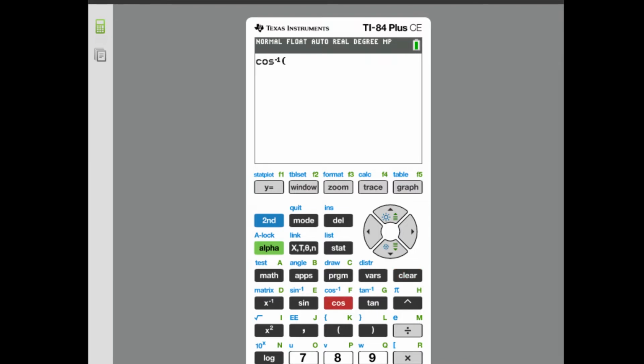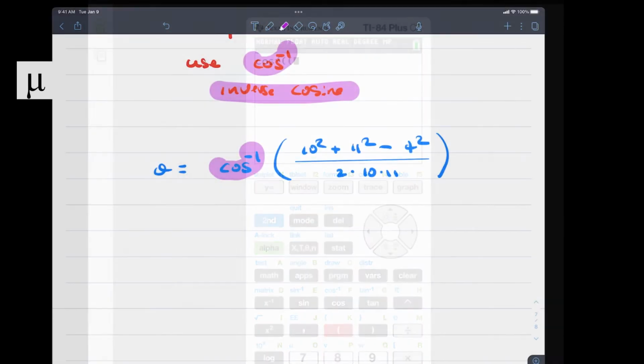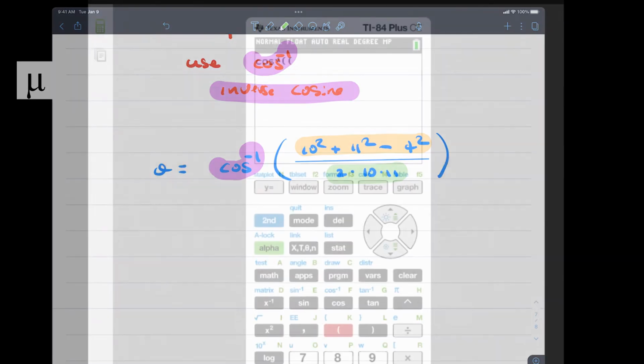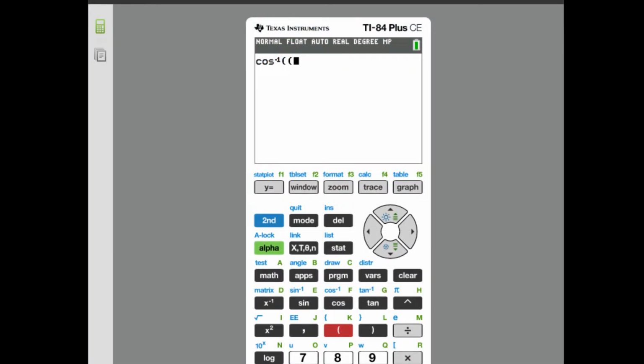Inverse cosine. Remember, we need a numerator again. Right? And I put a parentheses there because what's going to be in that first set of parentheses is my numerator. Then I'm going to divide by my what? Denominator. 10 squared plus 11 squared minus 4 squared.